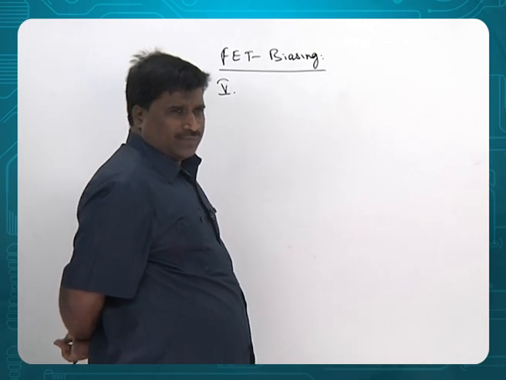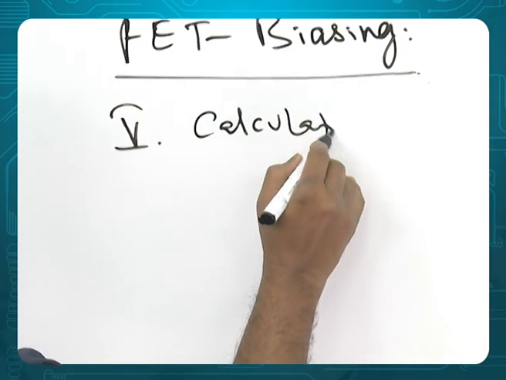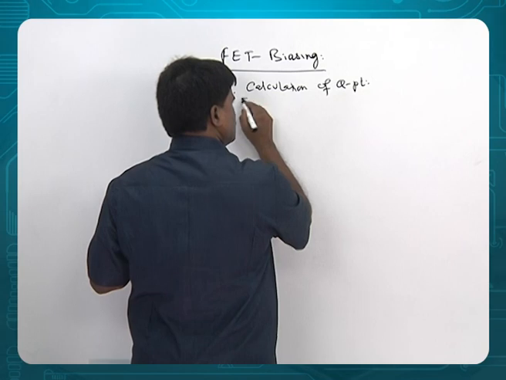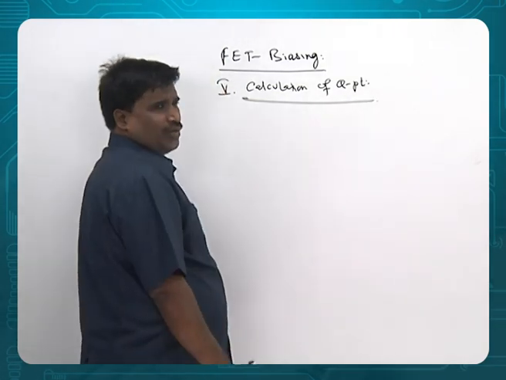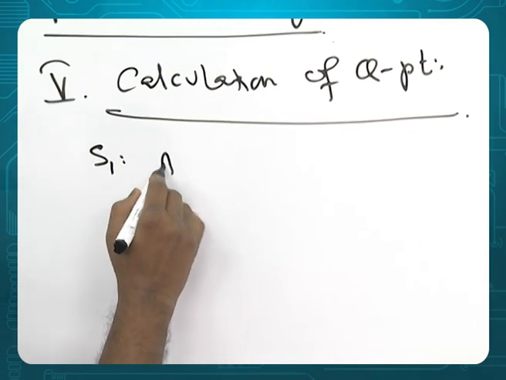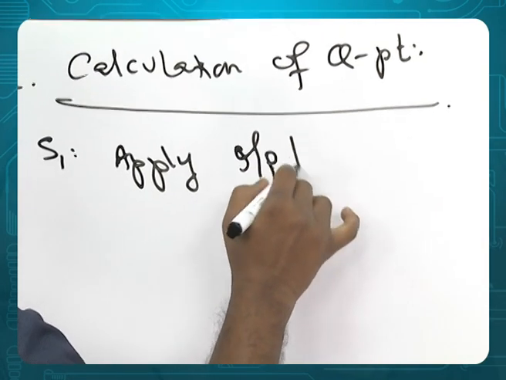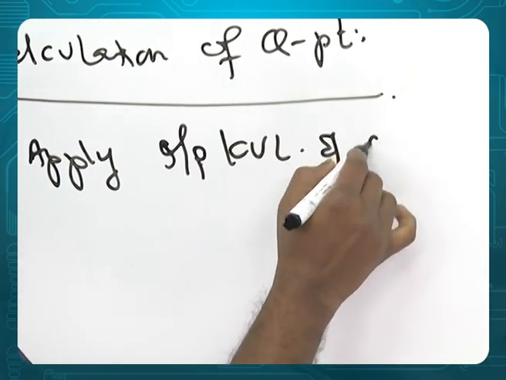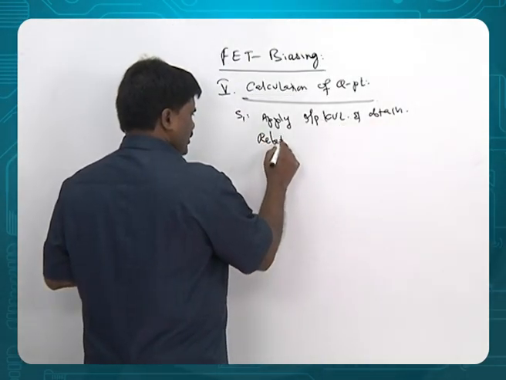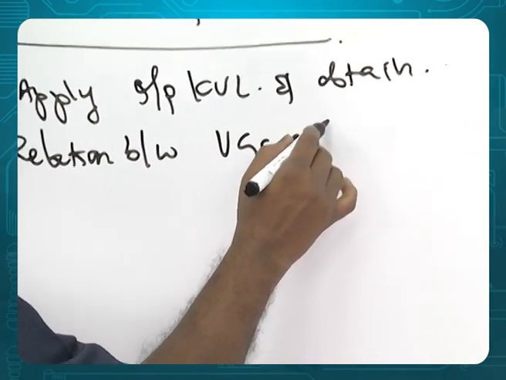Fifth point, calculation of Q point. How to calculate? Step 1: apply input KVL and obtain the relation between VGS and ID.